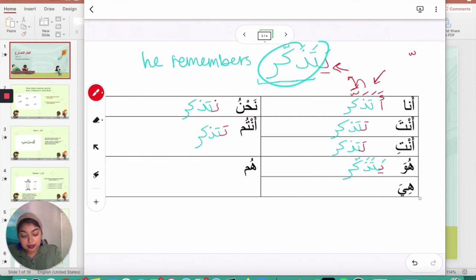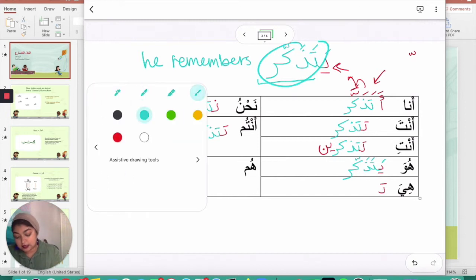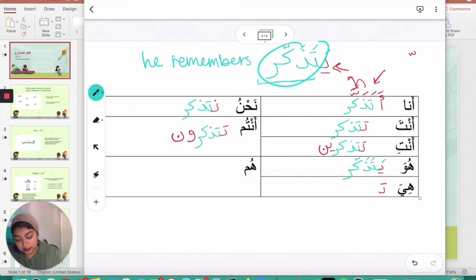So تتذكر. أنتِ تتذكرين. أنتم تتذكرون. Simple. هو يتذكر. هي starts with the ta. Again. تتذكر.